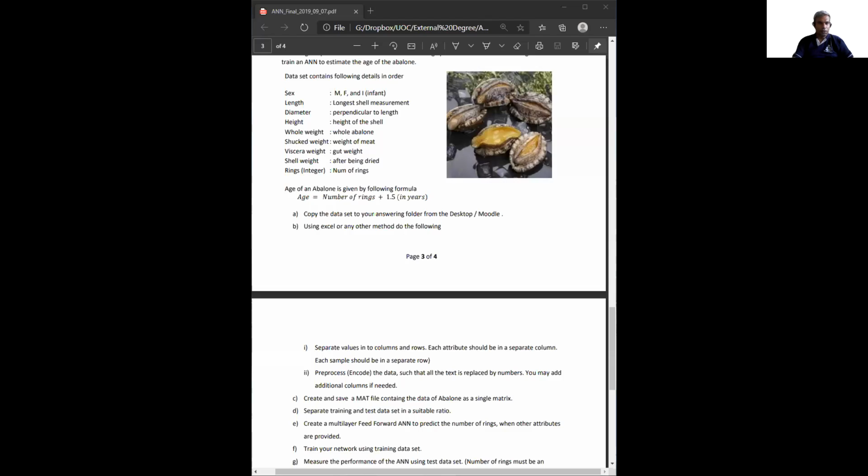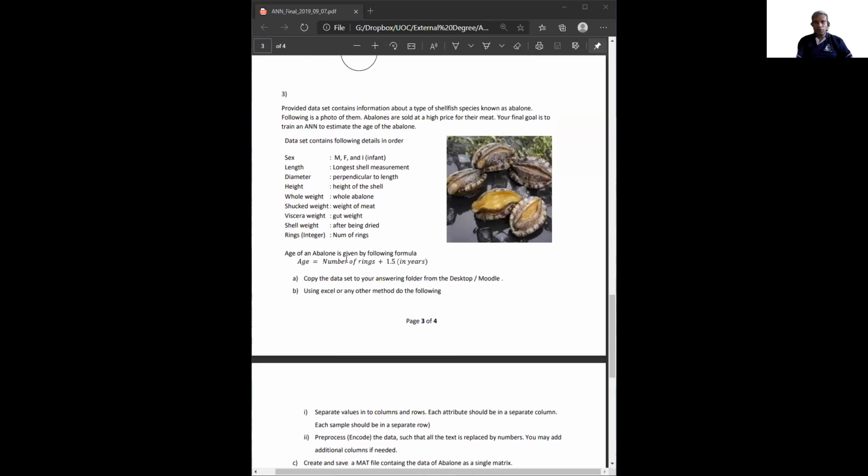I will upload the data file to the chat as well, so anyone who doesn't have access can download it. So the fact is this. I think I need to explain the question a little bit further. Counting the number of rings in the abalone is hard, because you have to cut the abalone and count inside.